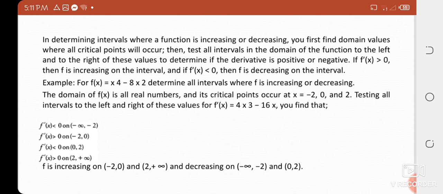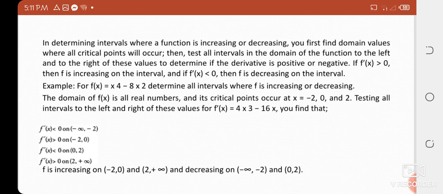So, in determining intervals on which a function is increasing or decreasing, you first find domain values where all critical points will occur.